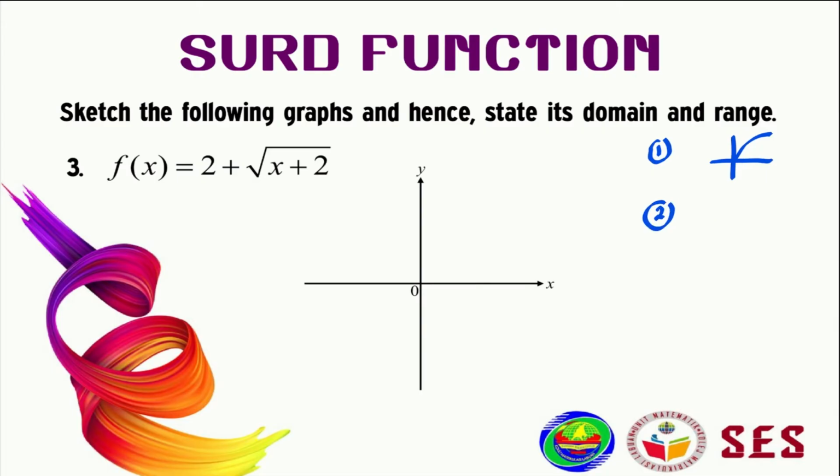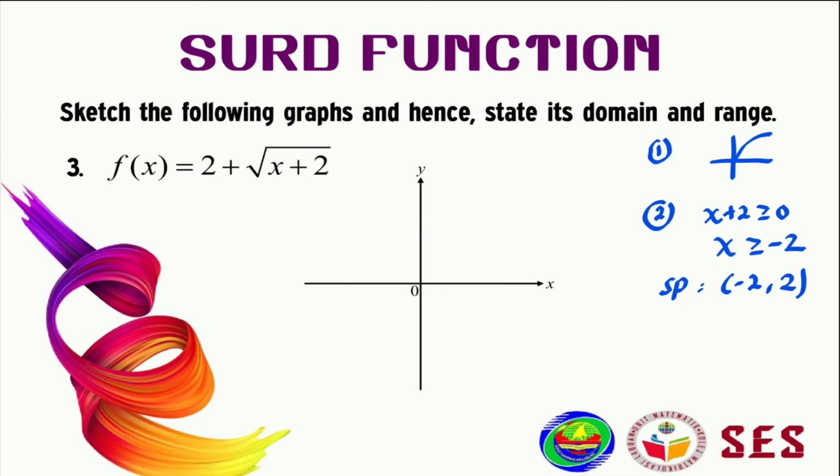Okay, and the second one is we need to get the starting point, as we have agreed earlier. So whatever is inside the square root sign needs to be greater than or equal to 0. So this one is x is greater than or equal to negative 2, and we have this 2 here, which represents that the starting point is shifted vertically upwards by 2 points, which is therefore our starting point for this case at (-2, 2).